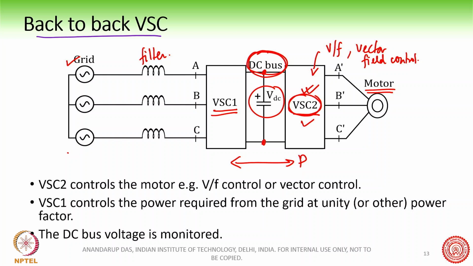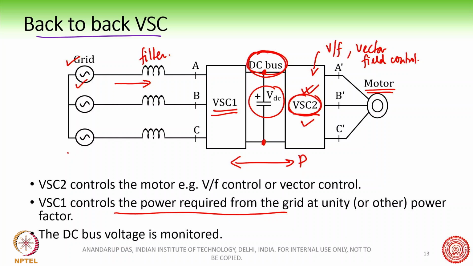Okay, but how does VSC1 operate? The VSC1 controls the power required from the grid. Okay, so VSC1 is facing the grid and it sees how much power I need from the grid.